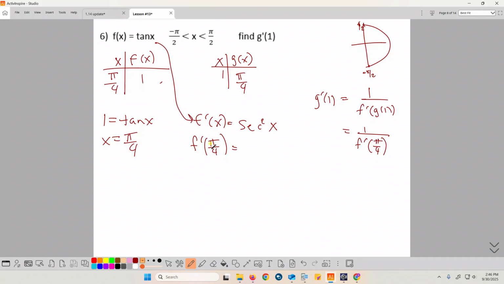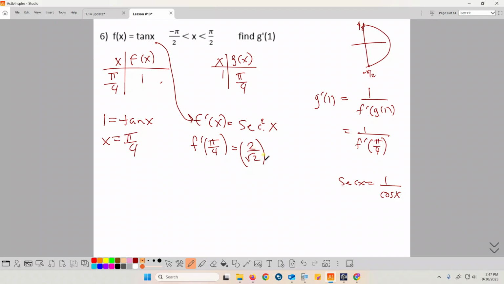Okay, so if we plug in pi over 4 into that, remember that secant of x is really just 1 over cosine of x. So if we know that cosine of pi over 4 is radical 2 over 2, secant is the reciprocal of that, which would basically be 2 over radical 2, okay? So that's how we can come up with that.